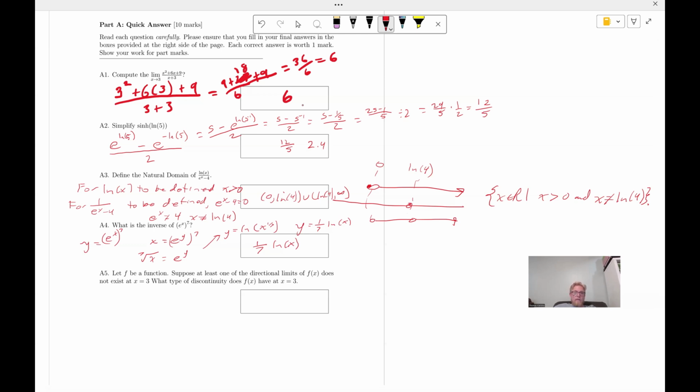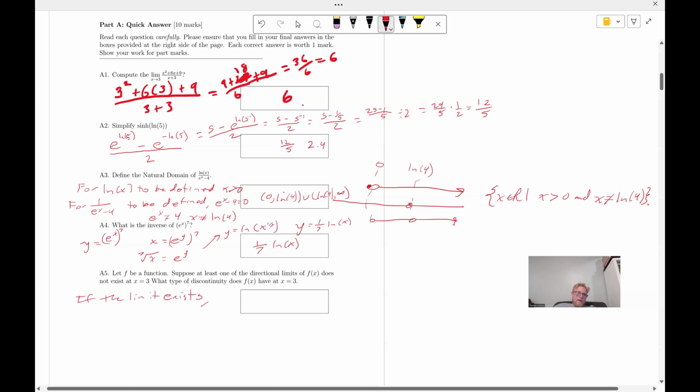Now, finally, I have one of my directional limits does not exist. What type of discontinuity? Well, if the limit exists but is not continuous, this is removable.